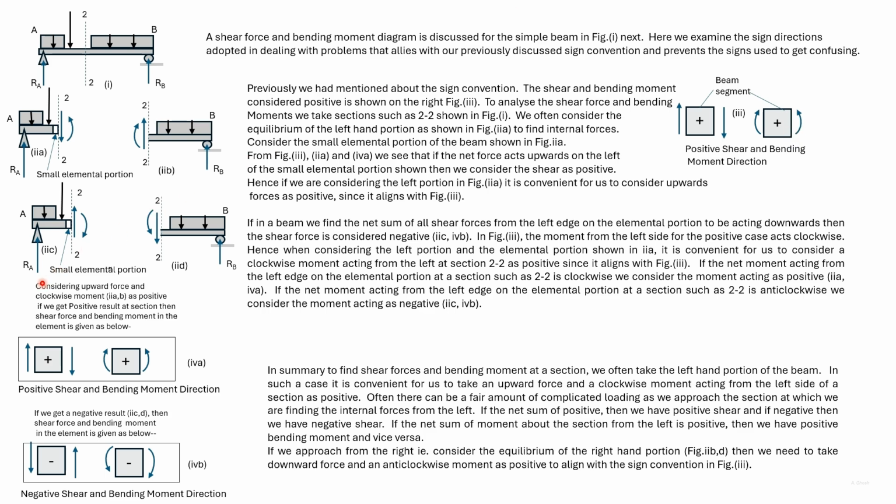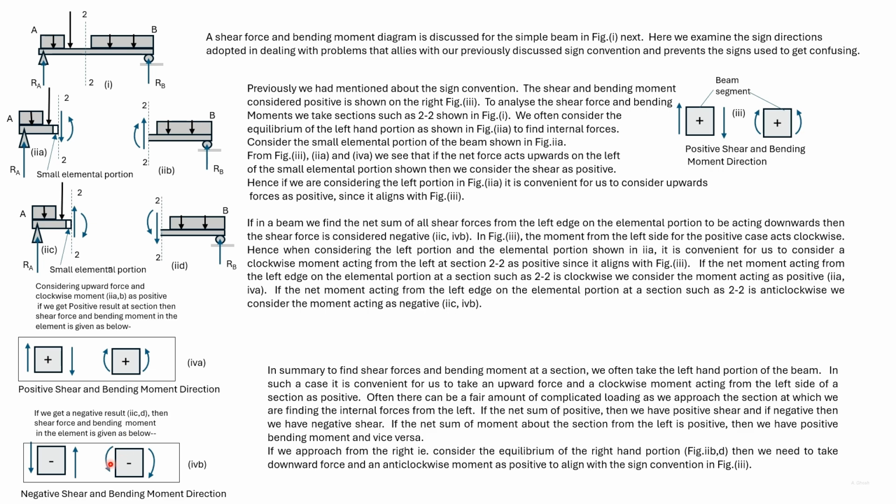In this diagram, we have taken the moment due to this point load and the resultant of the uniformly distributed load to be greater than the moment due to Ra. So the net moment is anti-clockwise and negative.